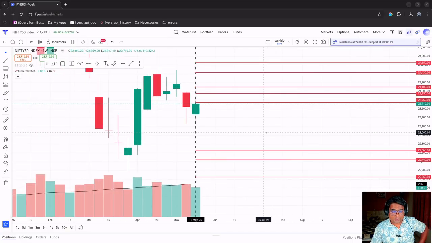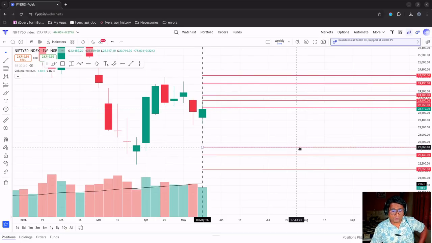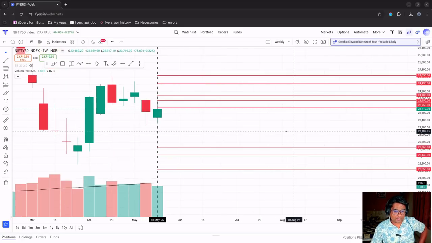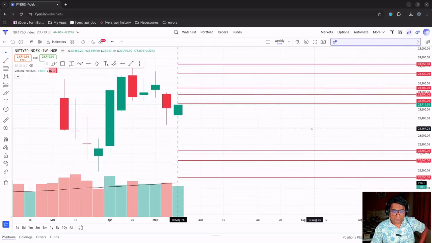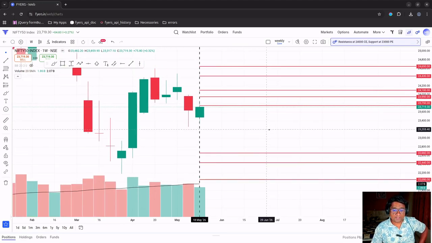But that target might not be reached in the next week. If the bearish momentum persists throughout the week, then only might the price touch 22,660 by the end of the next week.